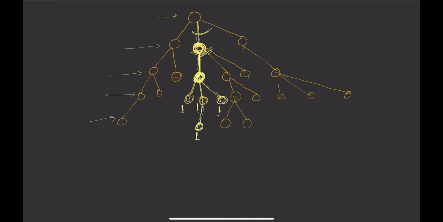Because this one will now increment by 1, so this one will become 2, this one will become 2, this one will become 2. But for its parent, how much will these contribute? For this it contributed 2, right?